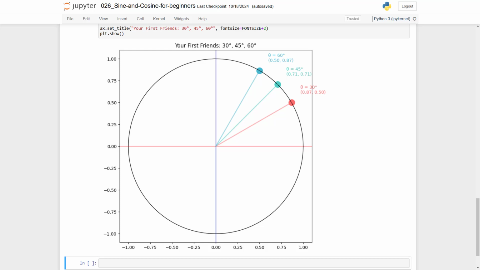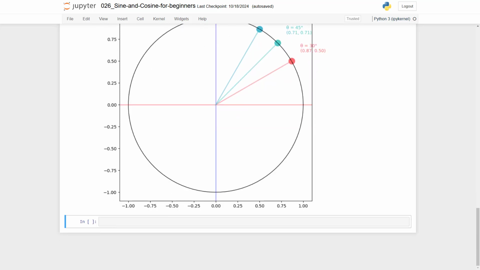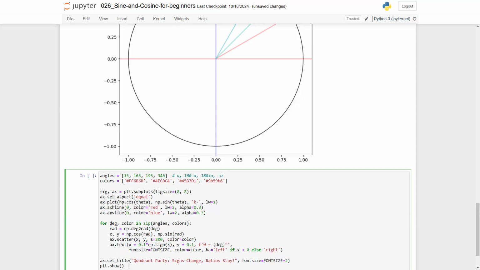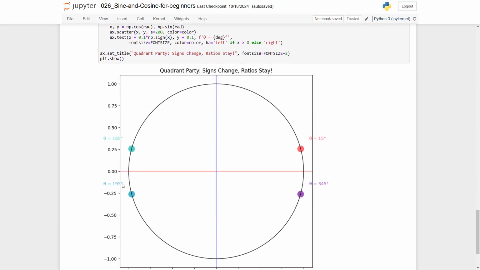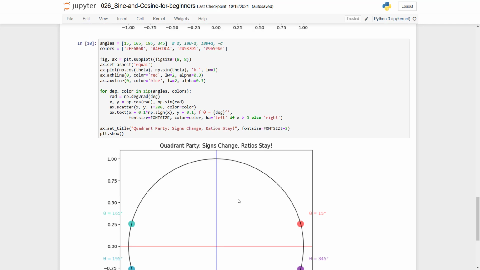Pretty much let's move to the next one, and it would be the so-called quadrant party with 15, 165, 195 and 345. And I have also the code prepared here. It looks like this. And these are our angles: 15, 165, 195, 345, which is kind of good.